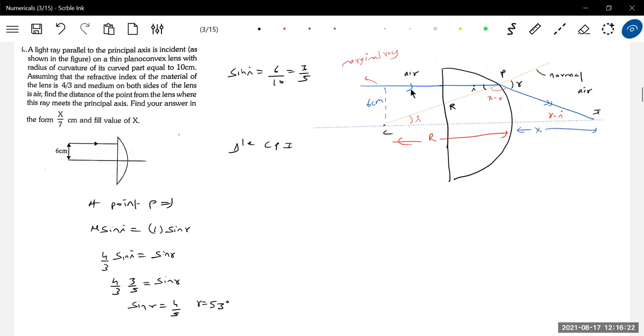Can we apply the sine rule? Applying the sine rule, sine of r minus I by CP should be equal to sine of pi minus r by CI.